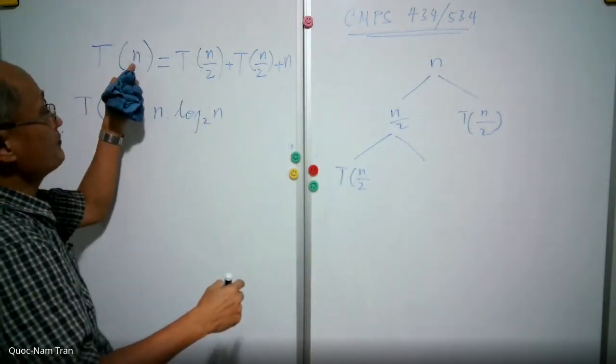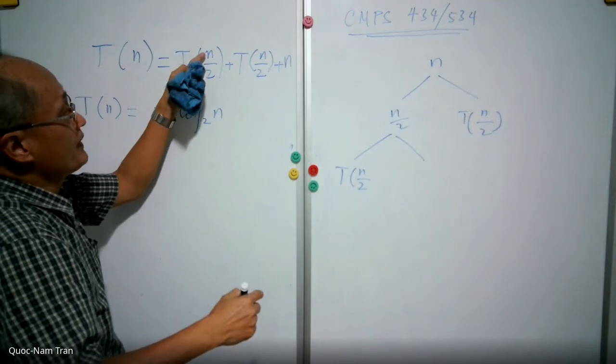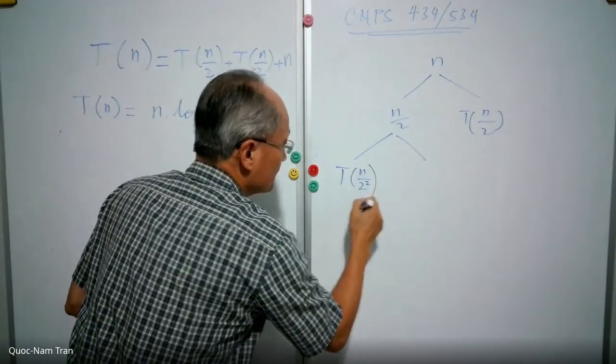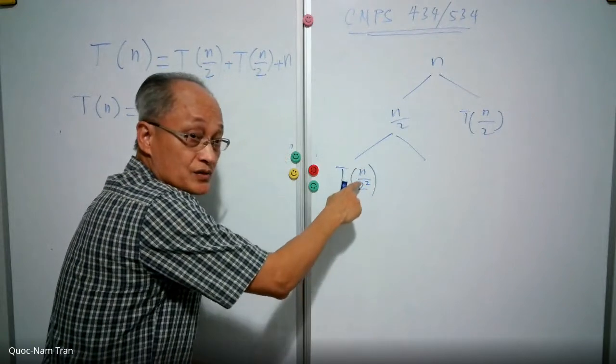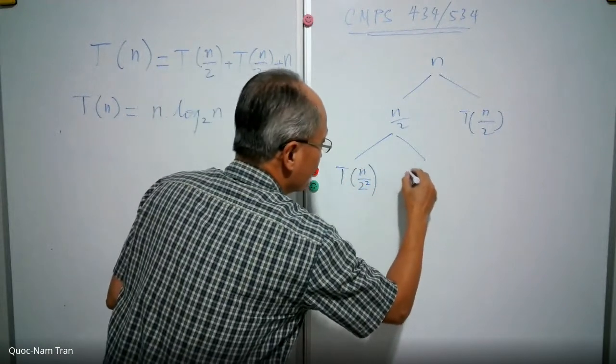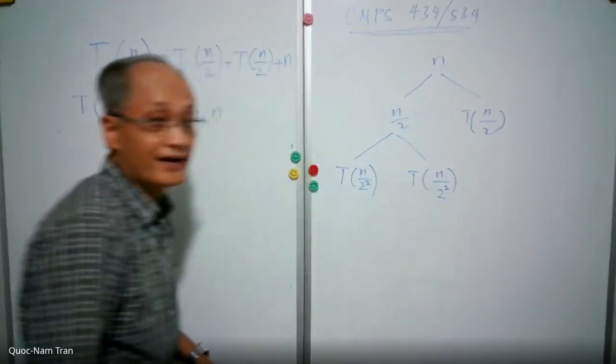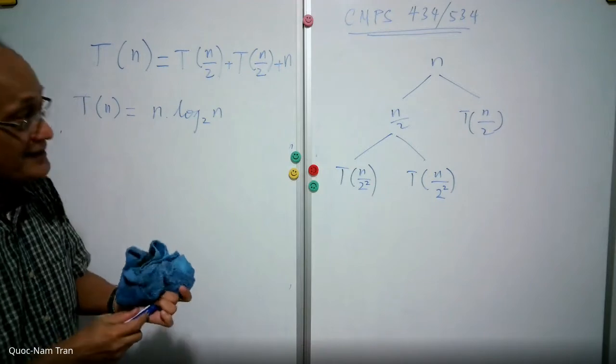Replace n by n/2, then you have n/2 divided by 2, or n divided by 2 squared. All right, so that's it.